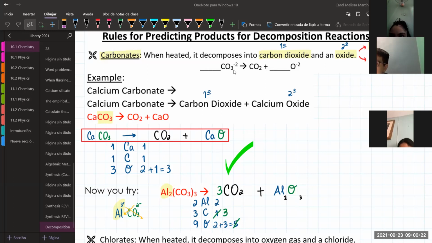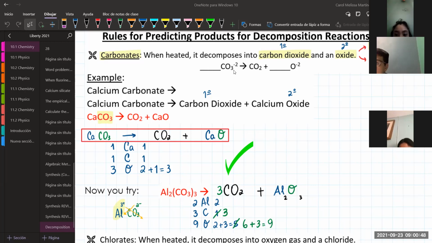I have 3 times 2, 6, plus 3 oxygens from this other side is going to give me 9 oxygens in total. And now I see that all the numbers are there. So when this happens, I see that I have my final answer completely balanced.